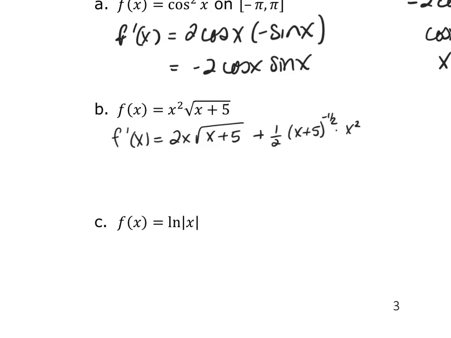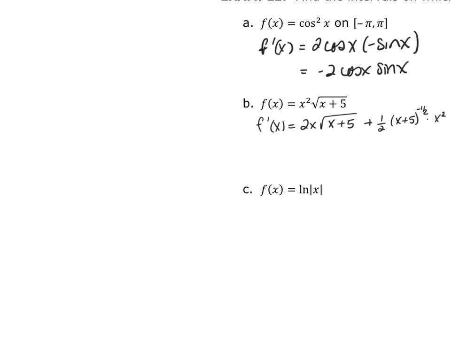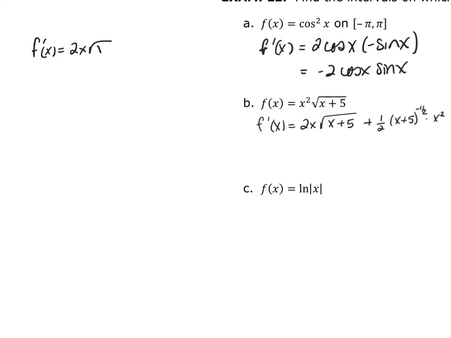So I'm going to set this thing equal to 0. I'm just going to rewrite it so I can work it on over here. F prime of x is equal to 2x, the square root of x plus 5, plus 1/2 x plus 5 raised to the negative 1/2, and then x squared.